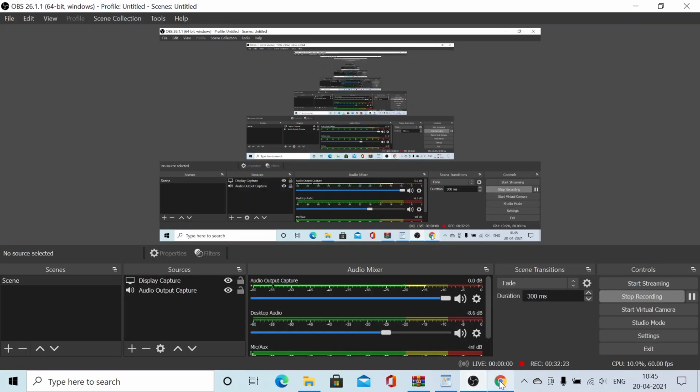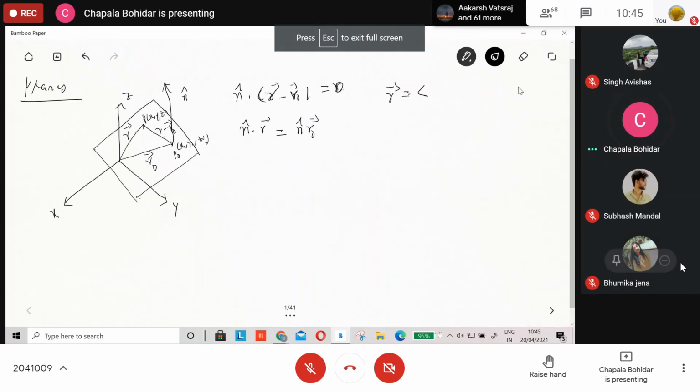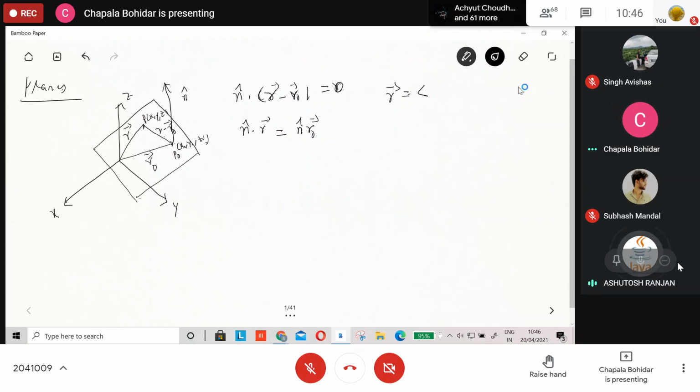Tell me, the components of the position vector r are x, y, z. And the components of position vector r0 are x naught, y naught, z naught. Yes, very good.